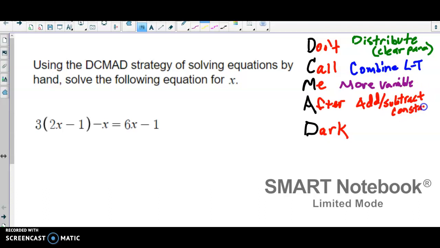That's the number without the letter. And then the last step is the divide or multiply.